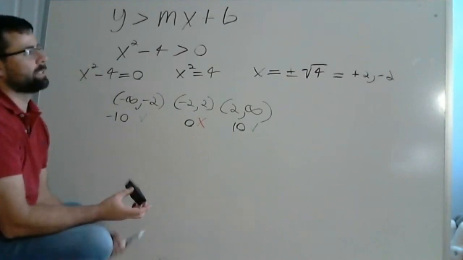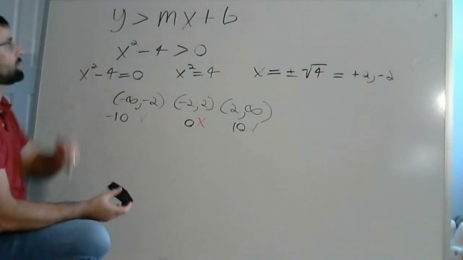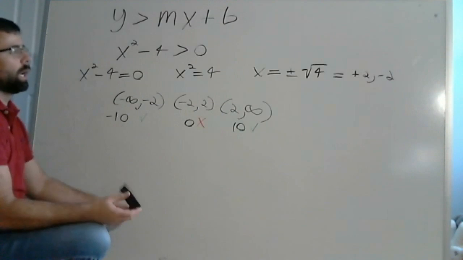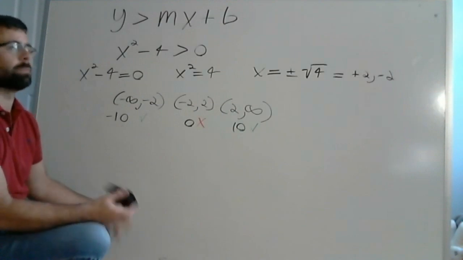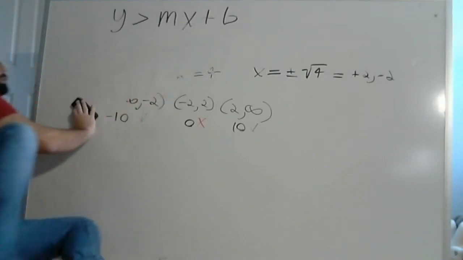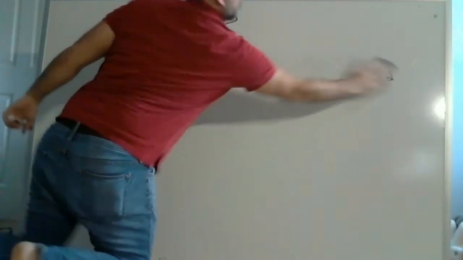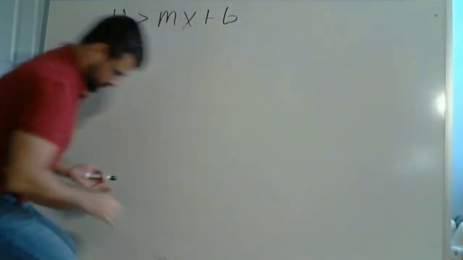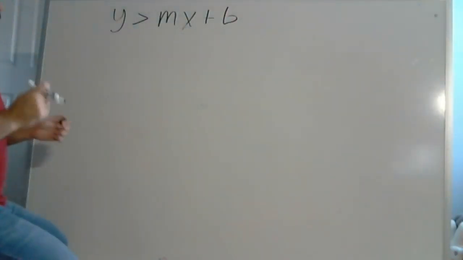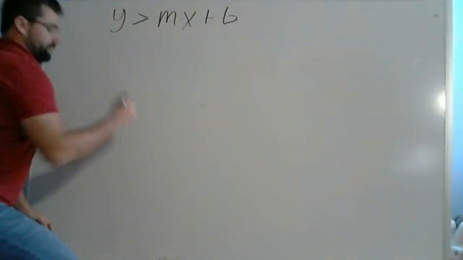what happens when we get to two-dimensional inequalities? Y equals mx plus b. The solution method is the exact same thing. So let's take an equation.